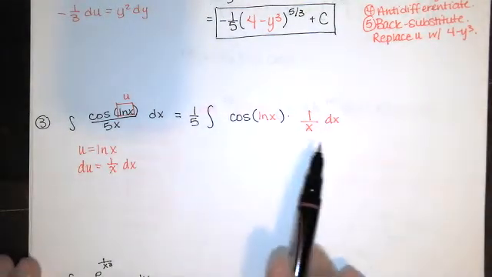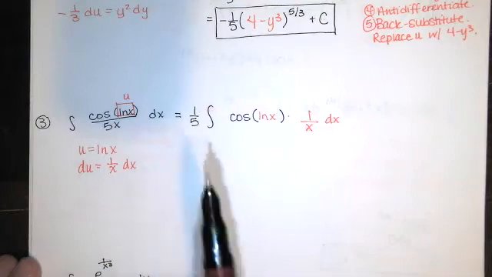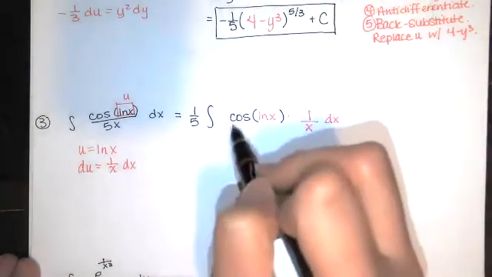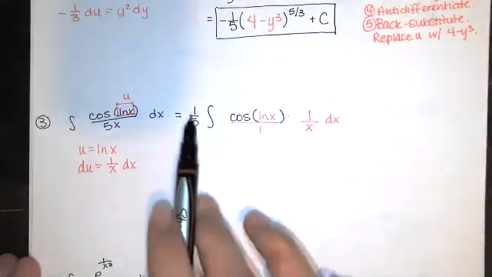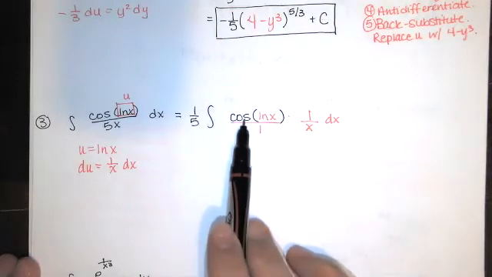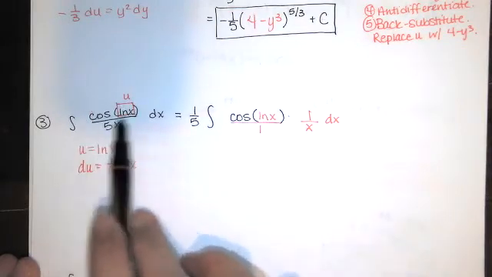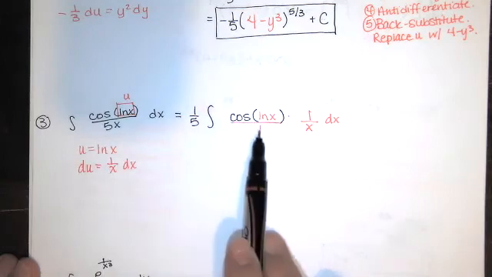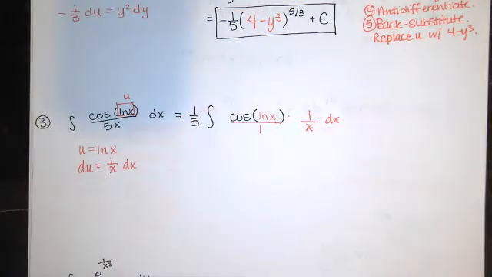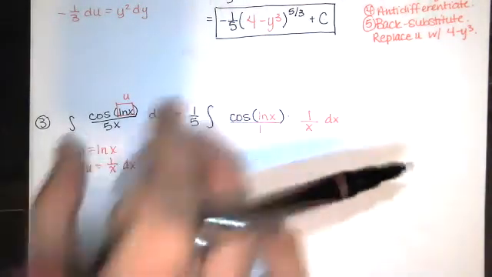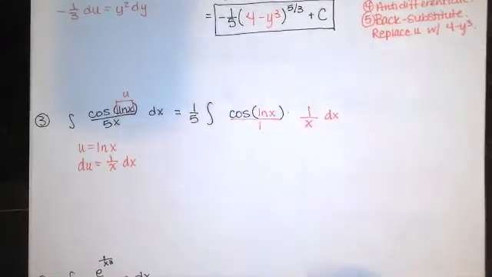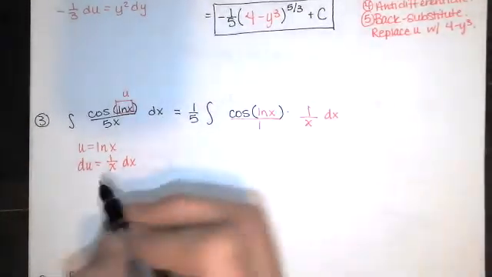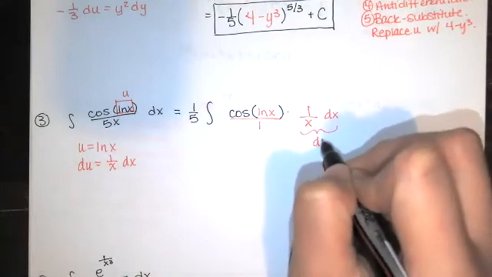Now, if you're saying that does not look anything like what we started with, you might want to put a placeholder of a 1 here. Multiply straight across. 1 times cosine of natural log of x times 1 is that numerator. And 5 times 1 times x is that denominator. So this works. This is equal to that. And then I see, well, if this is what I'm looking at, this part, that's du.